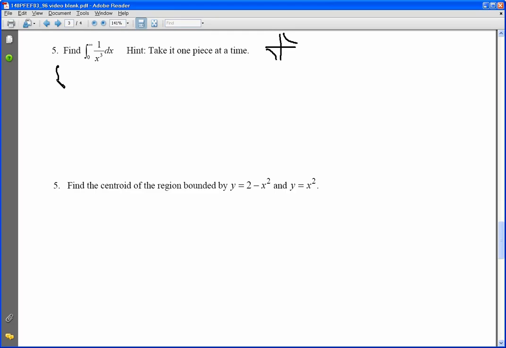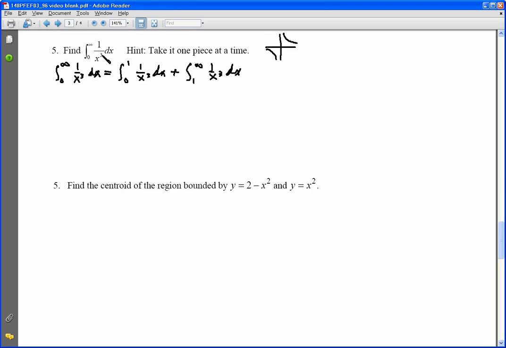So we want to break this guy up. So the integral from 0 to infinity of 1 over x cubed dx equals, and we can break it up at any point we want. Probably x equals 1 is the easiest one to do. So the integral from 0 to 1 of 1 over x cubed dx plus the integral from 1 to infinity of 1 over x cubed dx.